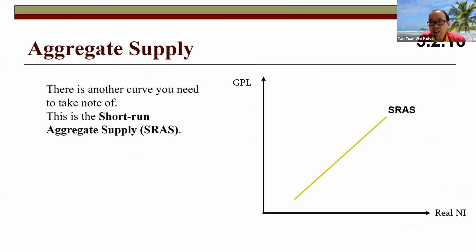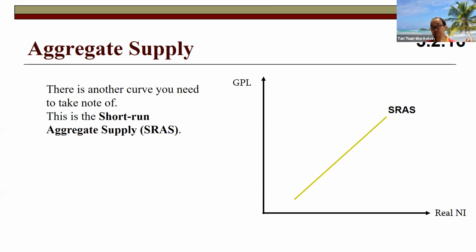When we talk about SRAS, we are basically talking about the diagonal part. The horizontal part is rarely the state of the economy. That happens during extreme times like the Great Depression, where there's massive unemployment.